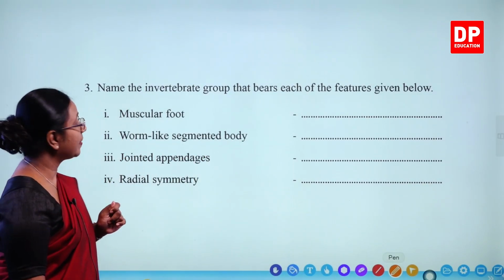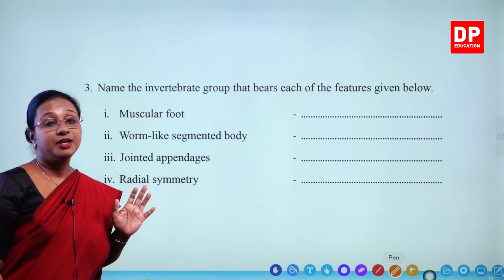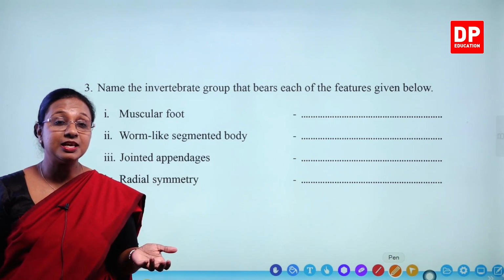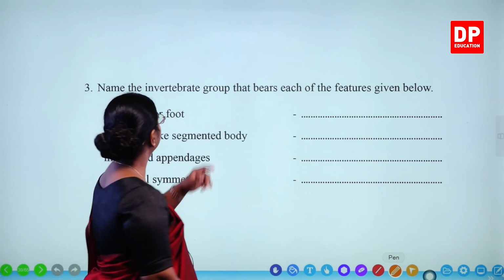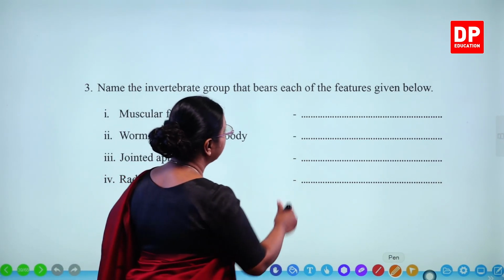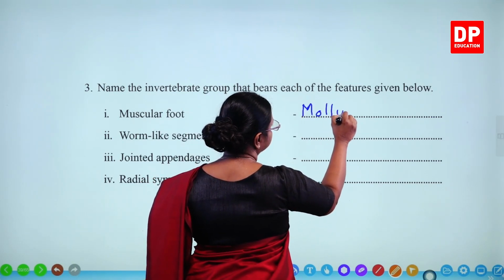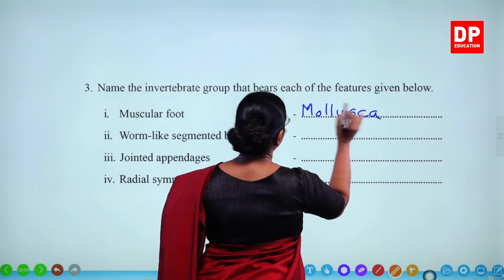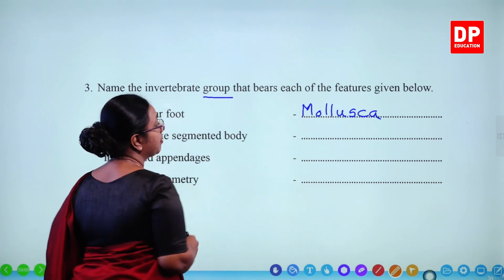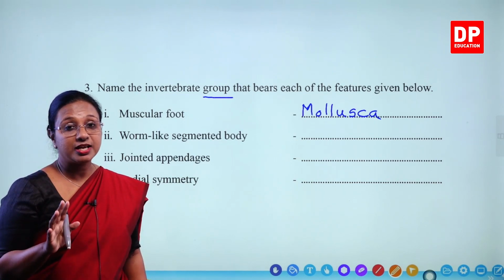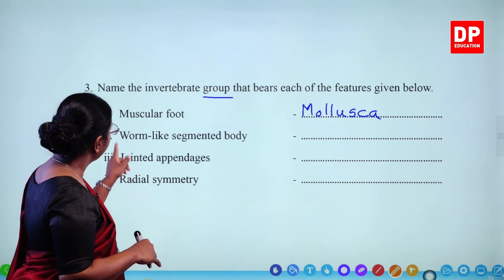What is the first one? Muscular foot. Immediately you will remember the snail. So that is Mollusca. You have to write the invertebrate group. So here we can say Mollusca. Here you have to write the name of the group. So you can't write it as mollusk. You have to write it as Mollusca.